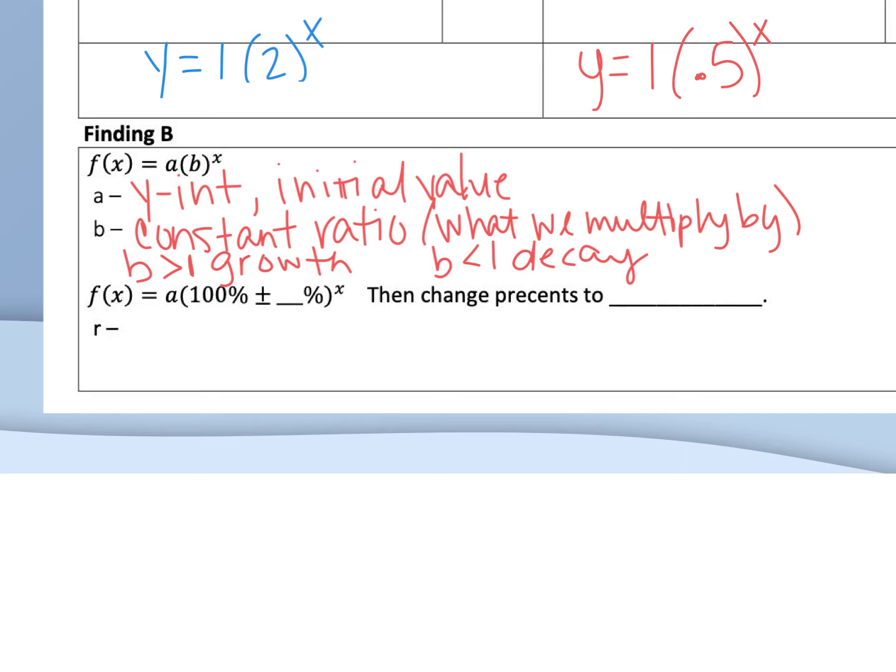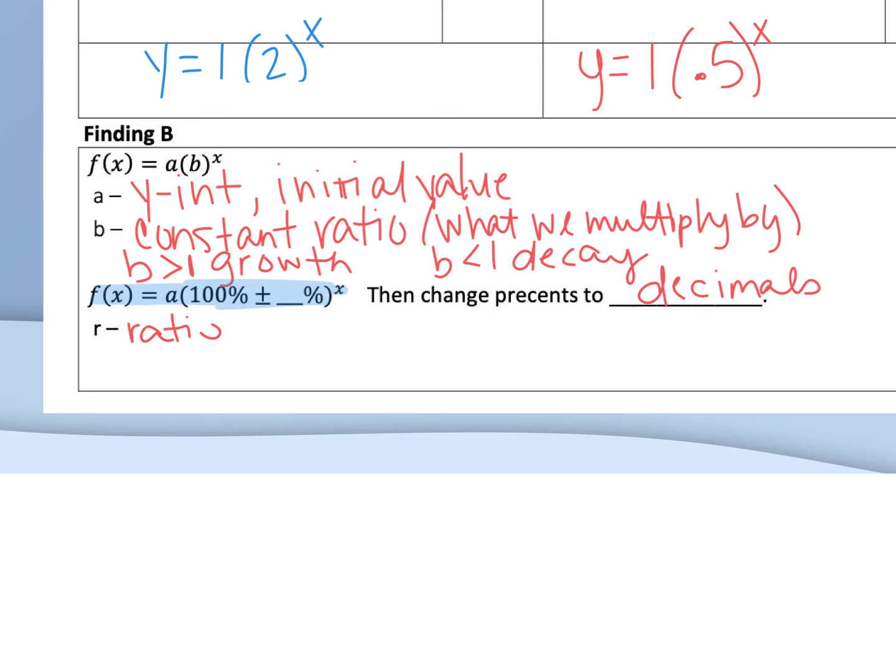This equation here, you've probably seen this in 8th grade when we were doing interest. We are going to talk about that 1, everything is based off of 1. So that 100 or that 1.0 is going to involve our percent. We have to make sure we change those percents to decimals. And R is going to be our ratio, not a rate.